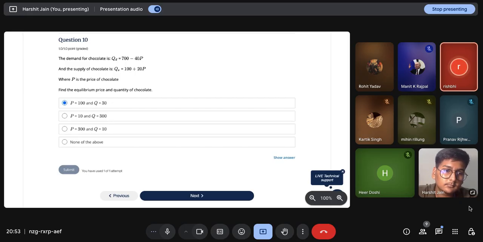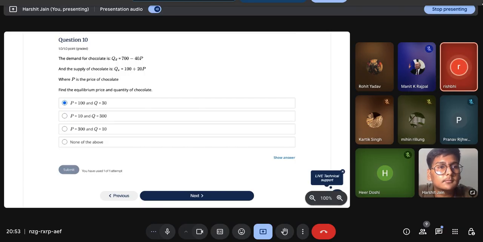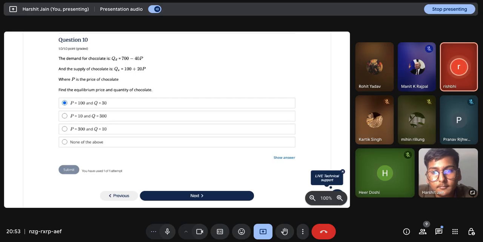Then it's just math. 100 goes that side, 20p goes that side, 700 goes this side. You have to solve the equation. Then it becomes 600 is equal to 60p. Then 60 goes to the 600, so the price will become 10.